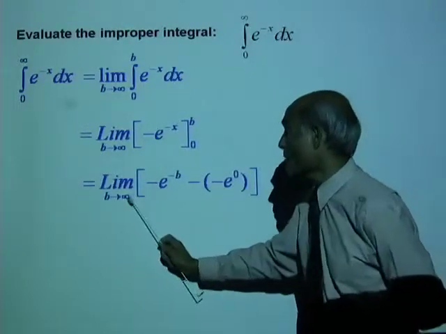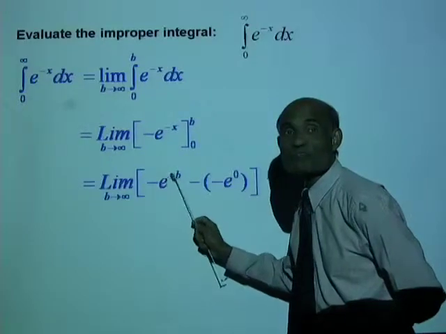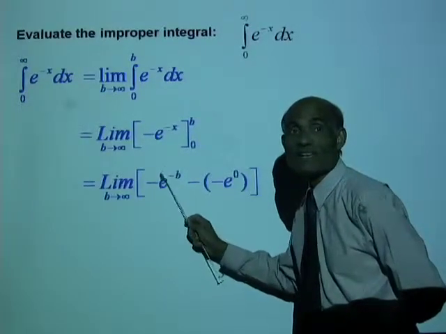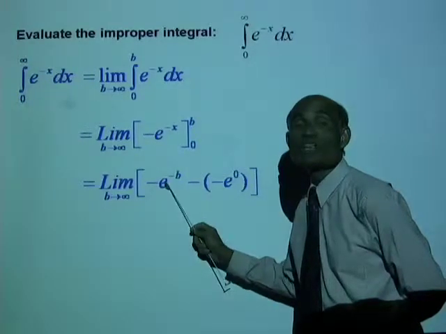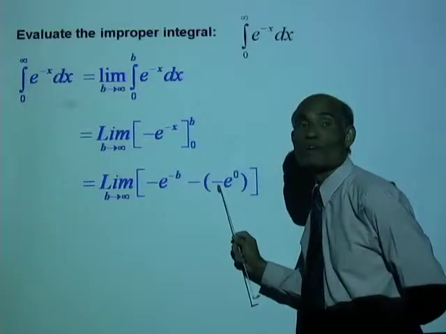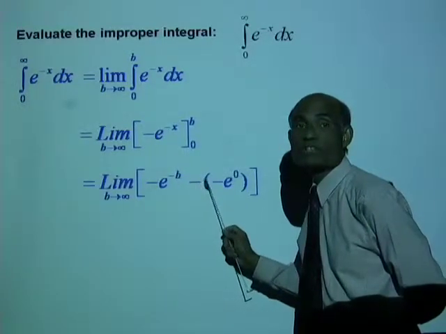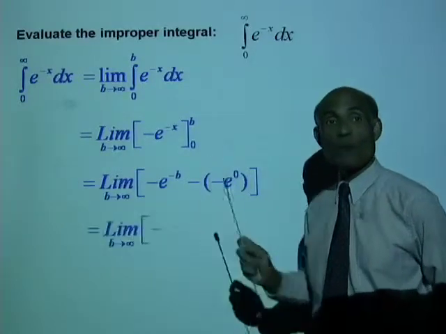Alright, now what is limit b goes to infinity e to the power of negative b? E to the power of negative b as b goes to infinity is 0. So this value is 0. So we will end up with negative, negative, positive. E to the power of 0 is 1.